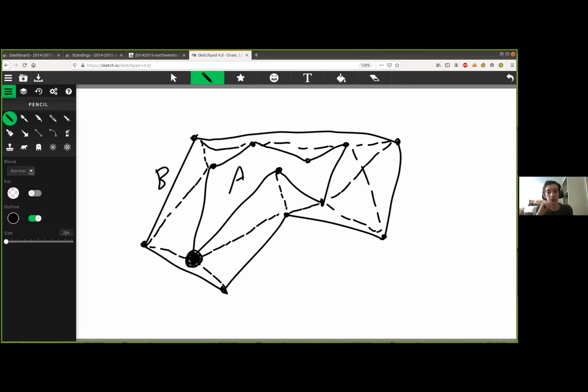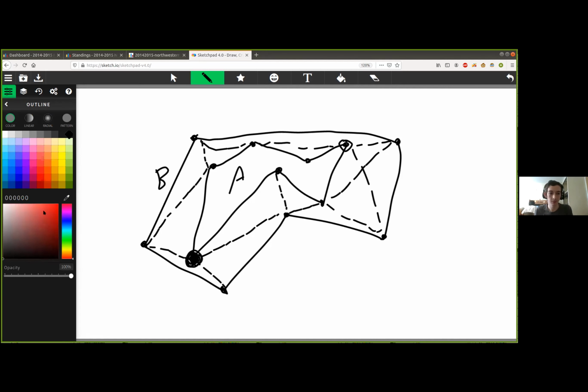So what I did was, let's say we take the rightmost point, and I extend a ray from this. Maybe I'll color it in red. I extend a ray from the rightmost point.